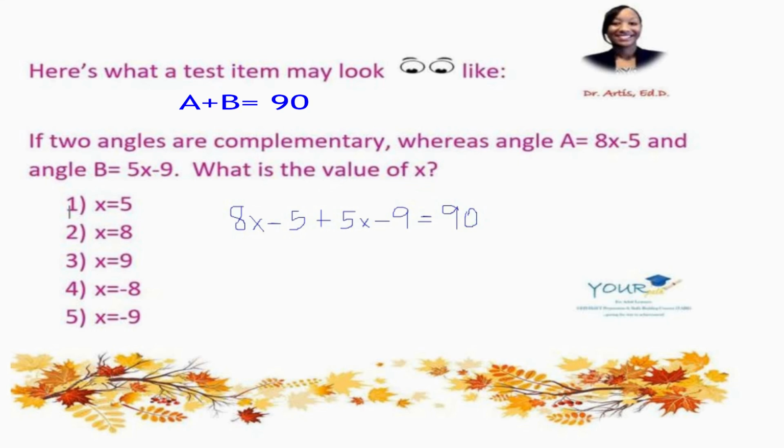Okay, so our next step is to combine our like terms, and here we have 8x plus 5x, which will give us 13x. And we also have a negative 5 plus a negative 9, and that will give us a negative 14.